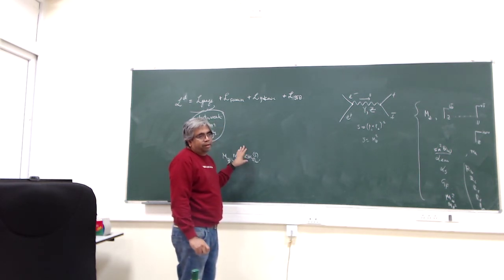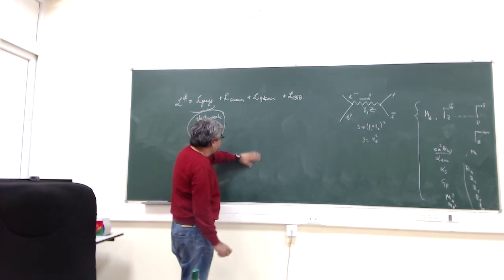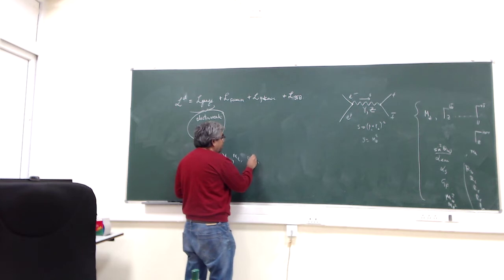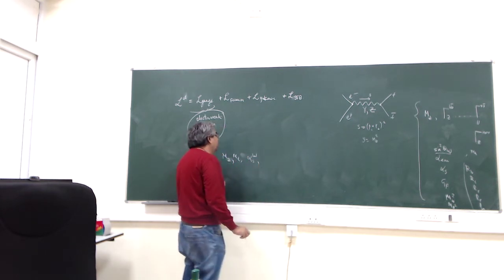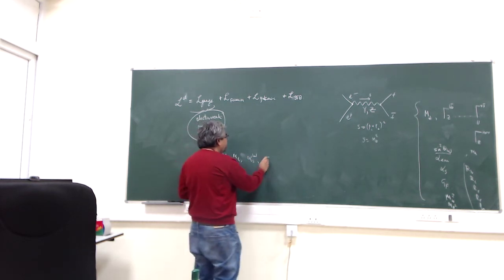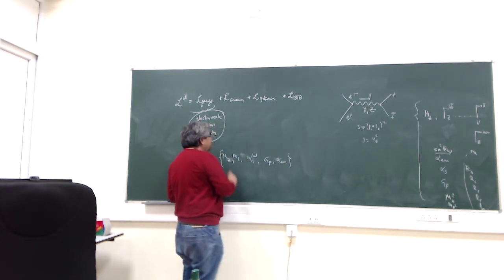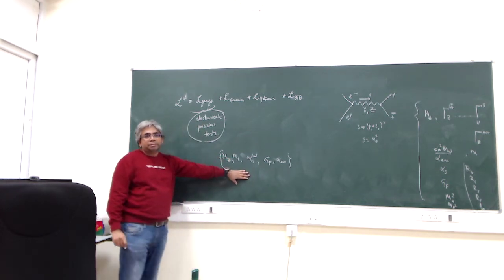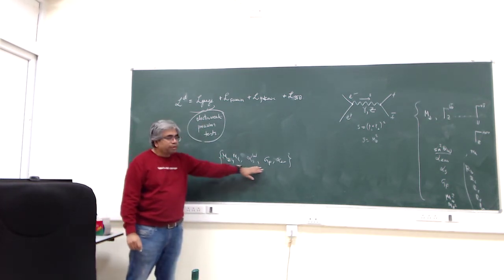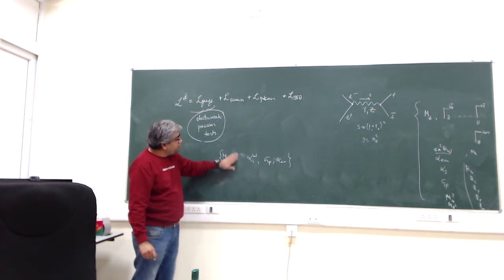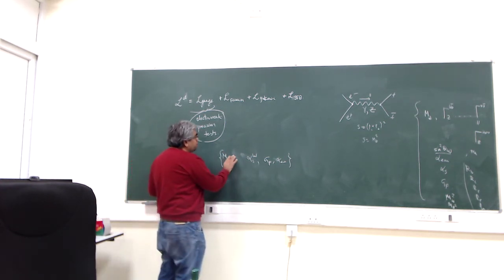Then GF and alpha S. You choose these as your input parameters because these are very well measured, and if something is not well measured, you don't care about it. You take the ones which are very well measured.